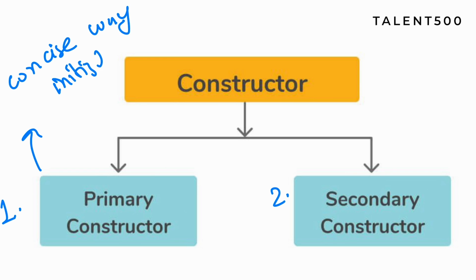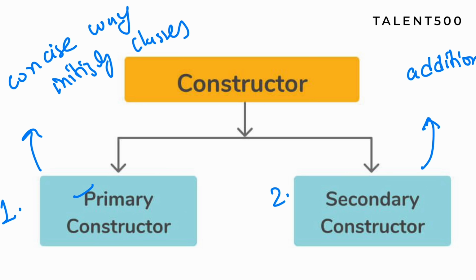And the names are always self-explanatory, it's primary, a very concise and simple way to initialize a class, yeah. And the secondary constructor allows you to put additional stuff. What additional stuff? I'll explain with the help of an example. It allows you to put additional initialization logic.